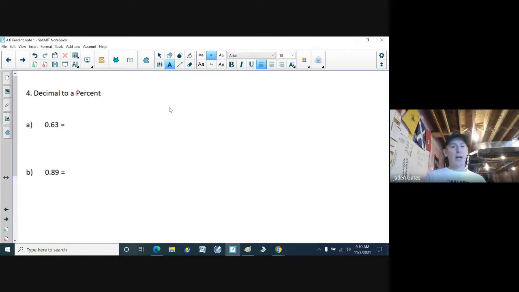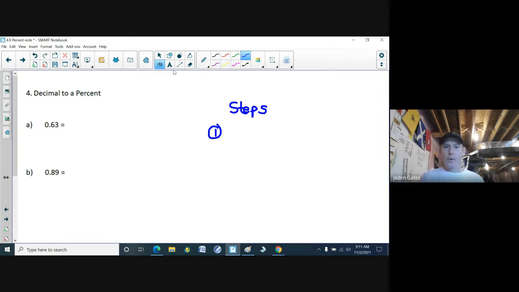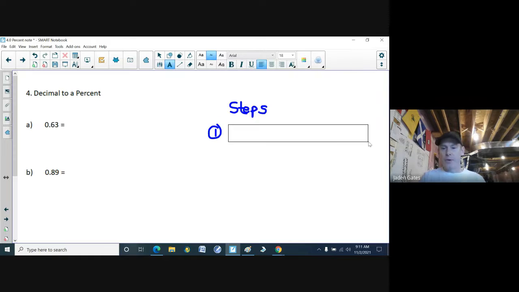We could go the other way, decimal to a percent. And so the steps are actually just the opposite. The first step of dividing by 100, well, we could simply do the opposite, which is multiply by 100.